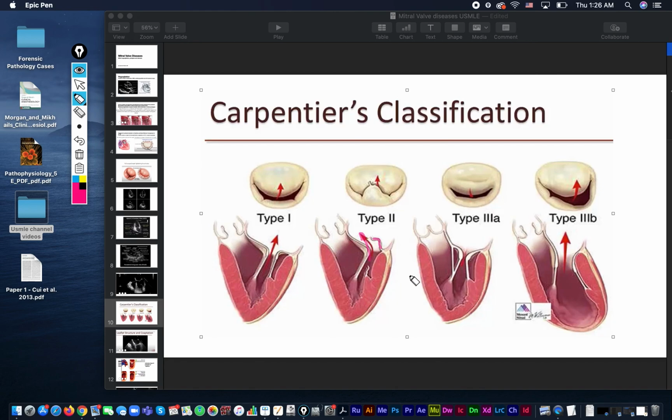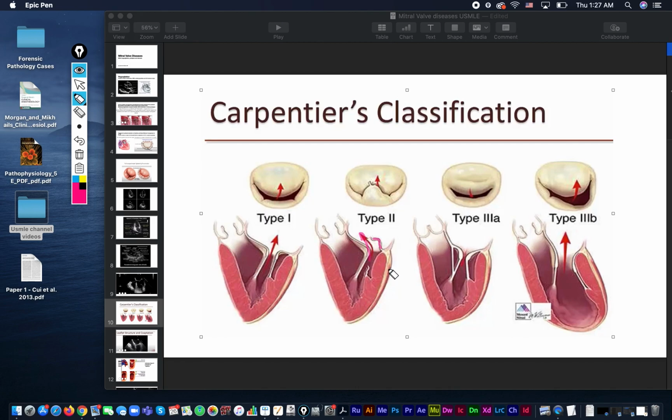And so let's say type 2 is usually caused by papillary rupture or chordae tendineae rupture. And typically it affects one leaflet, apparently.